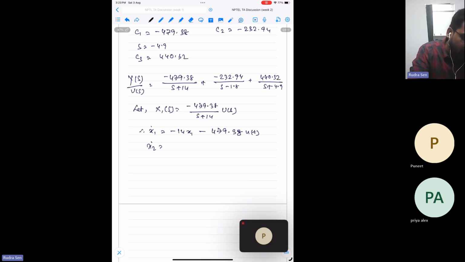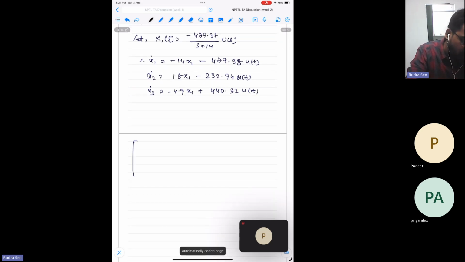Similarly, x2 dot equals 1.8 x1 minus 232.94 u, and x3 dot equals 4.9 x1 plus 440.32 u.